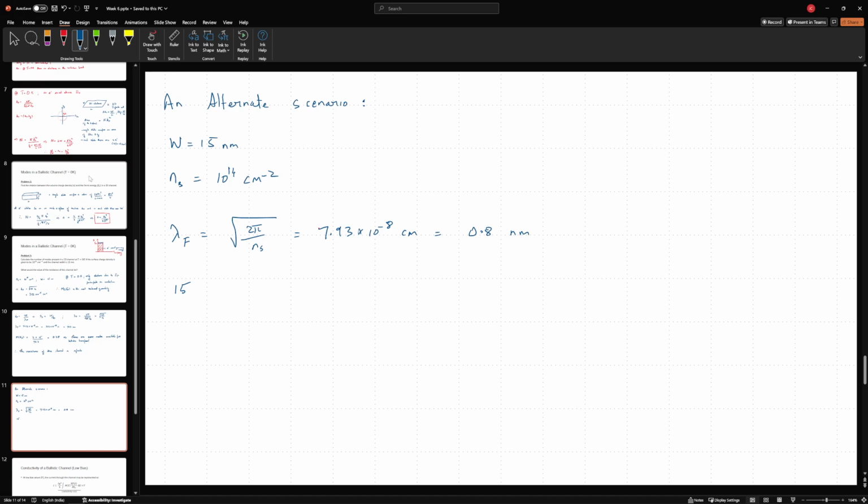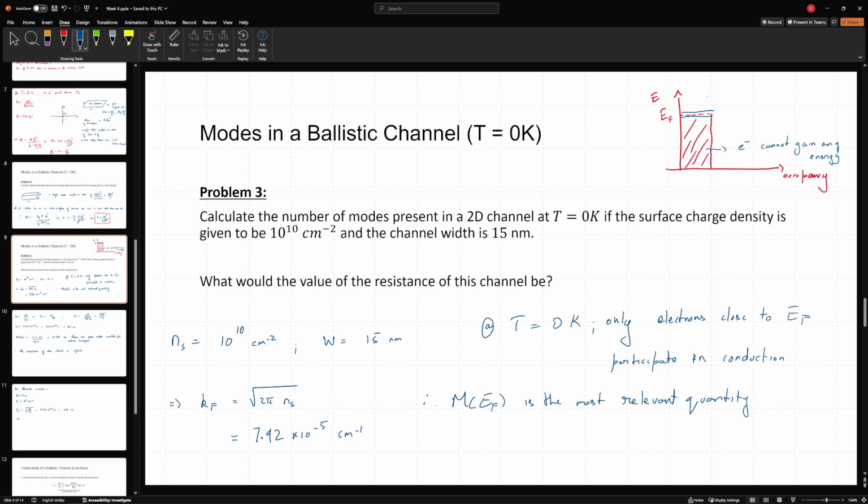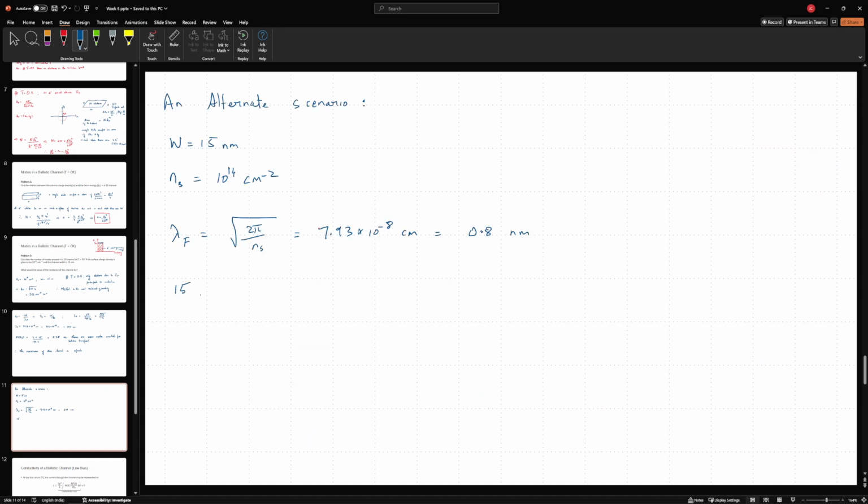EF is going to move up. Like in this figure, if I had 1,000 times more electrons, then of course this EF will move above and above by a suitable amount, depending on the dimensionality of the channel. That would mean I will have number of modes M of EF to be 2 times W divided by 0.8, which is 2 into 15 divided by 0.8.